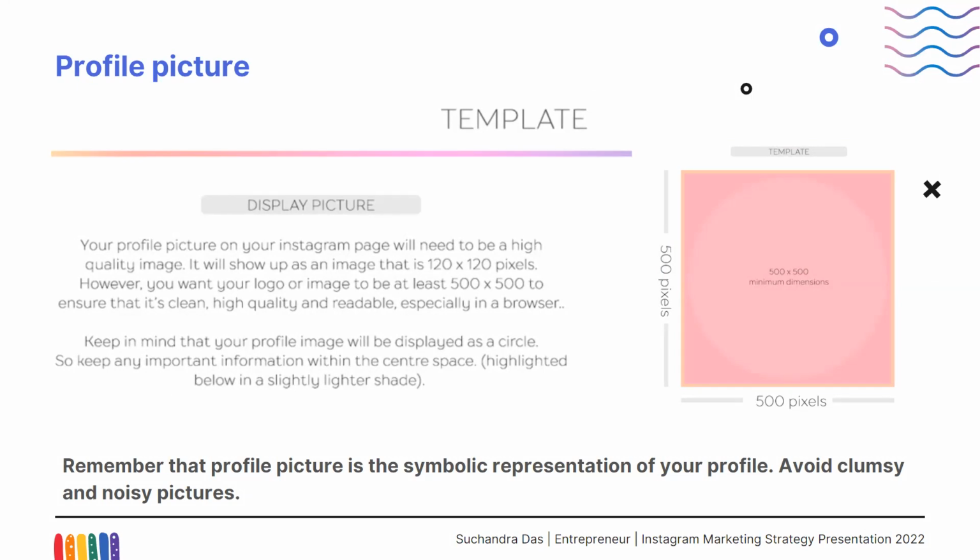And you can use canva.com to create any kind of creatives. It's a very useful website, and they have ready-made templates, so you can use them. And for your brand profile, do not use any other kind of pictures. Always use your logo, because that's what talks about your brand.